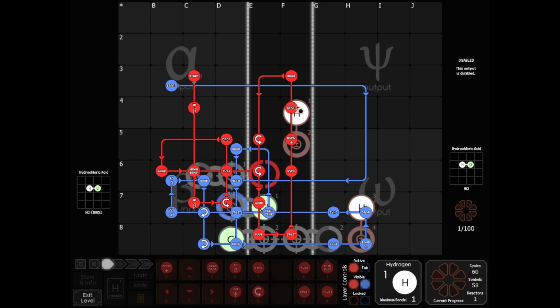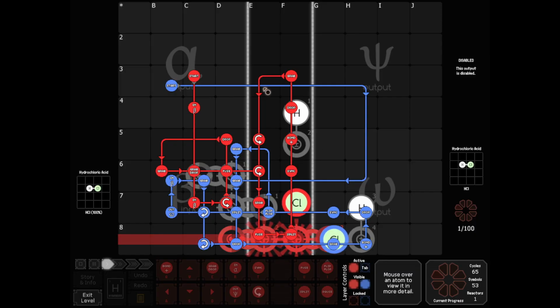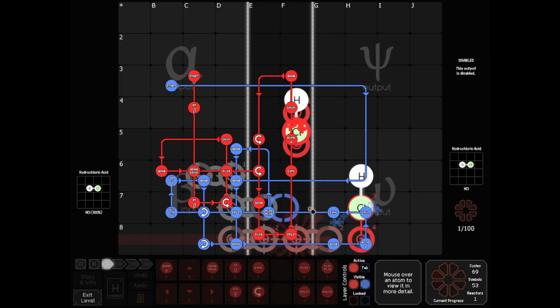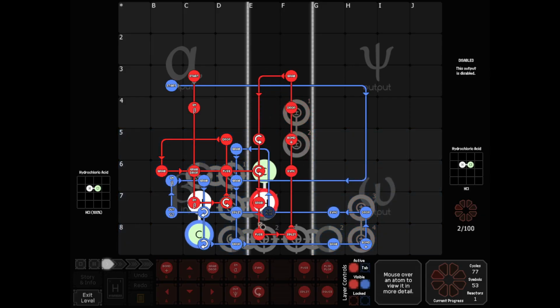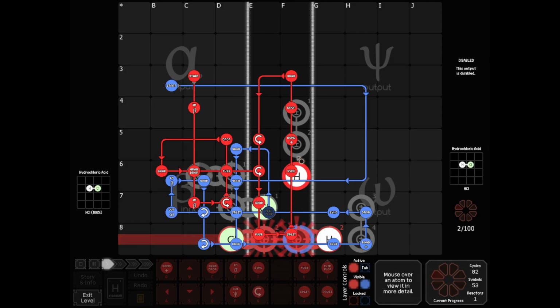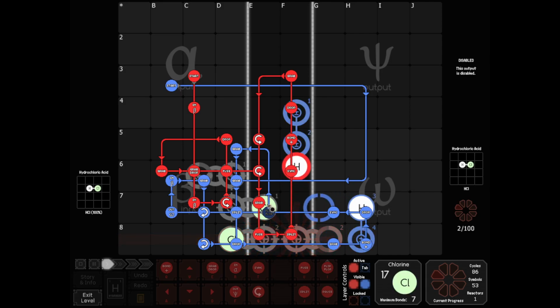Red's loop is really just going up and down in here. Once for the hydrogen, and then a second time for the chlorine.